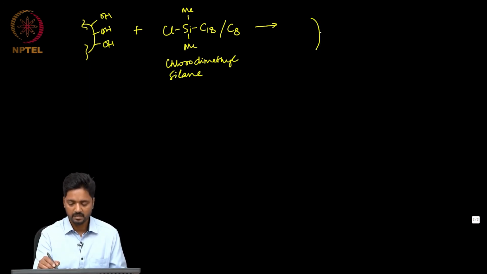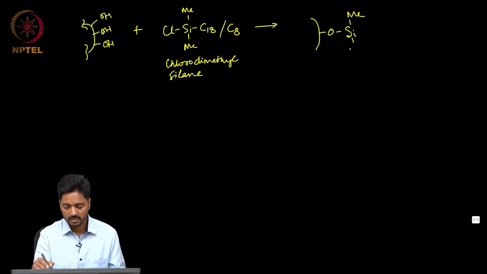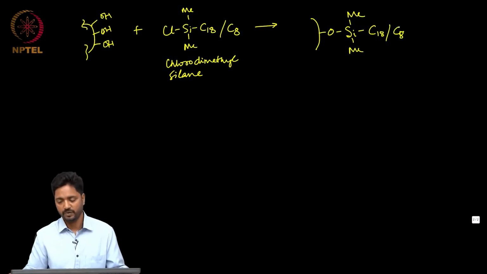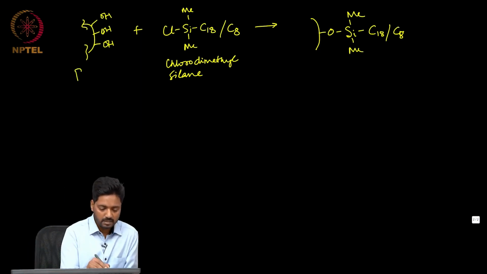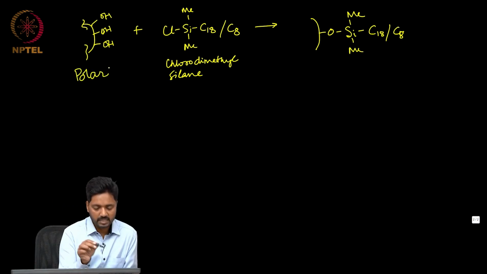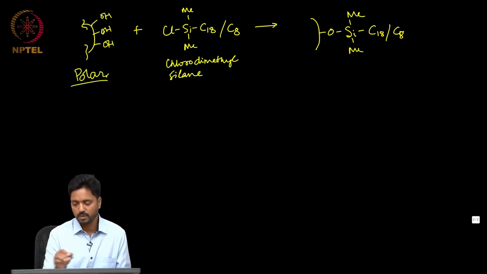We undertake a reaction that happens between the two, and essentially the dimethyl silane is anchored covalently onto the particle surface. This completely changes the chemical character of the particle. Initially, before the derivatization, the particle was polar.